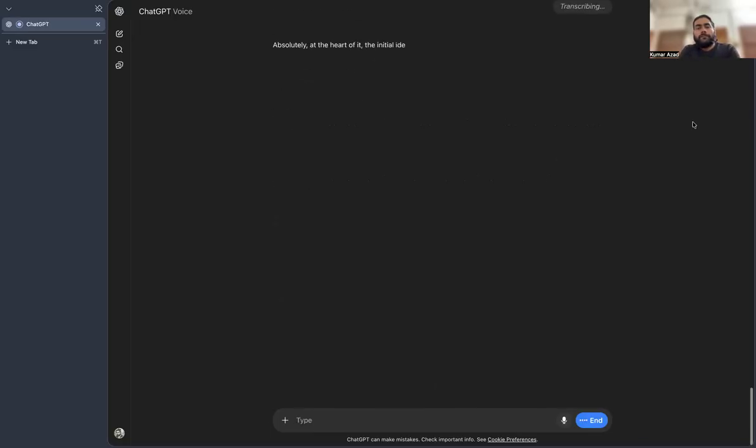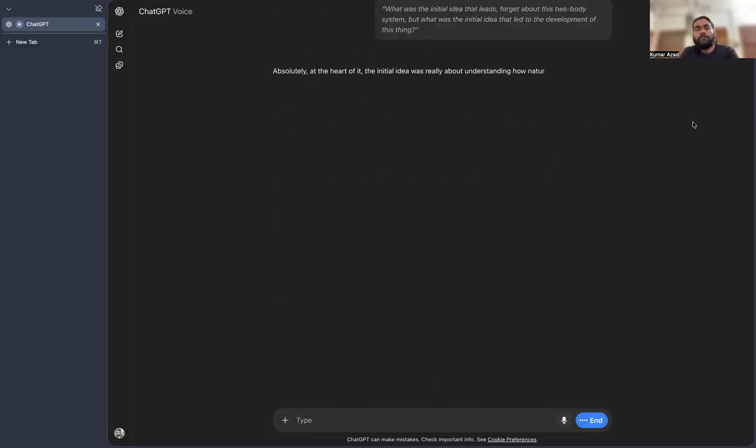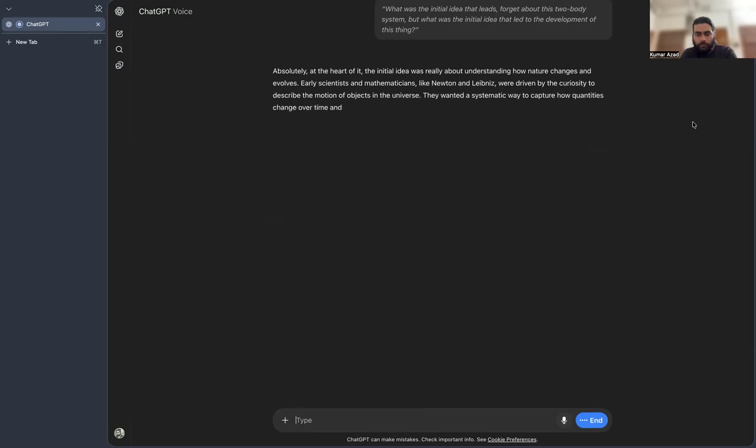Absolutely. At the heart of it, the initial idea was really about understanding how nature changes and evolves. Early scientists and mathematicians like Newton and Leibniz were driven by the curiosity to describe the motion of objects in the universe. They wanted a systematic way to capture how quantities change over time and space. The beauty of differential equations emerged from the need to describe these dynamic systems in a precise, quantitative way.